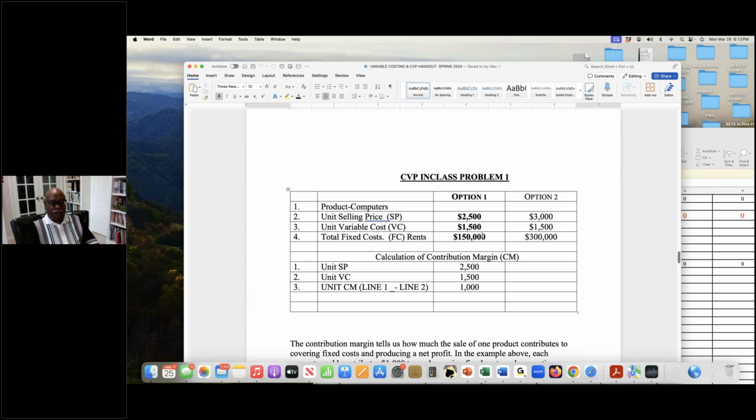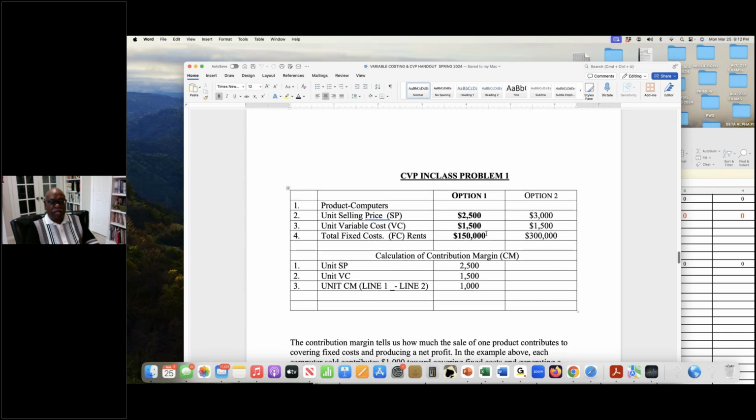And what I wanted you to do was, given this information, you first of all got to calculate the contribution margin. Selling price 2,500 minus the unit variable cost 1,500 gives us a unit CM of 1,000.